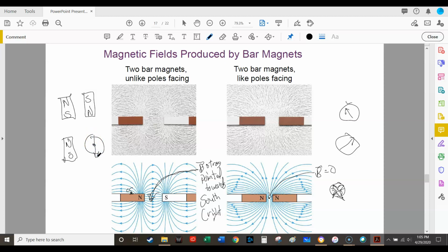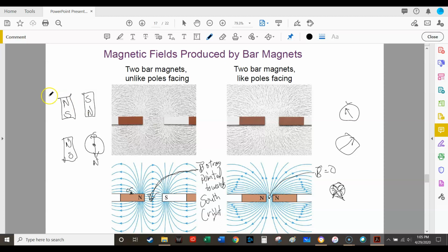Well, if you think about it, that's kind of weird, right? If a compass needle here, in this case, is pointed away from the north end of a magnet, but we use compasses on the Earth for us to find north. So isn't that a little confusing?